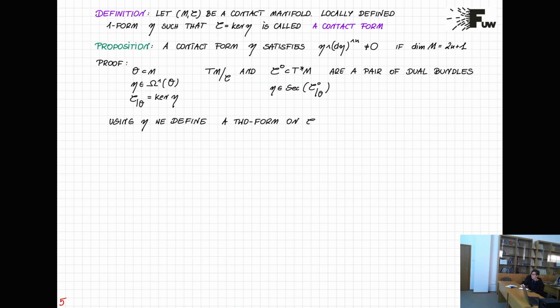And this is the usual situation in linear algebra. If you have a subset on one side, then on the dual side you have the quotient. So here the quotient, here a subbundle, and having a contact form, we have a trivialization of this line bundle.